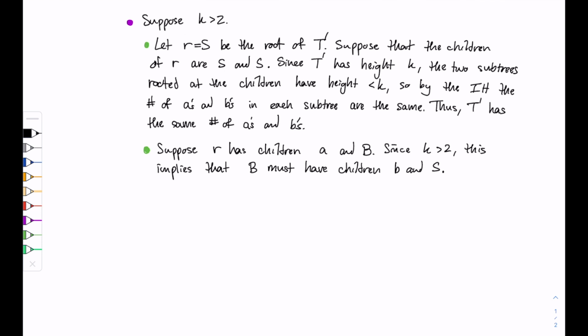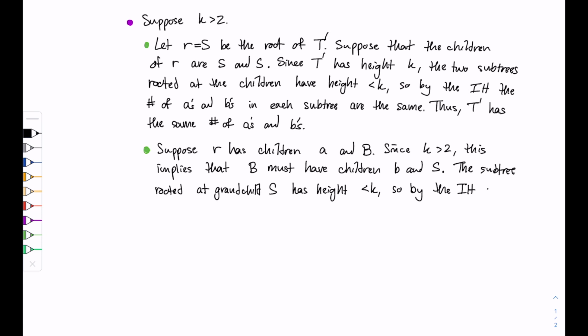Okay, so the subtree rooted at the grandchild S has height less than k. So by the inductive hypothesis, we know this subtree has an equal number of A's and B's.